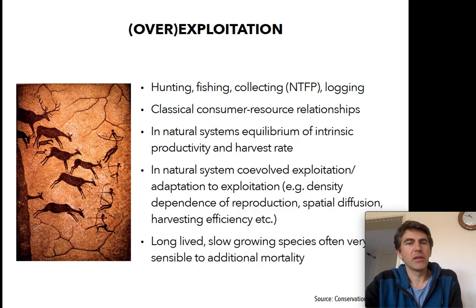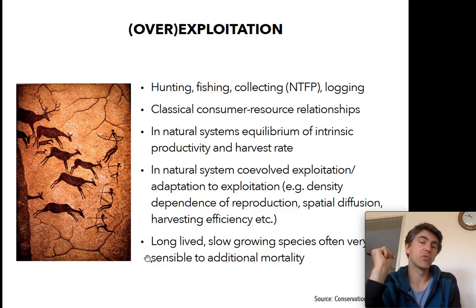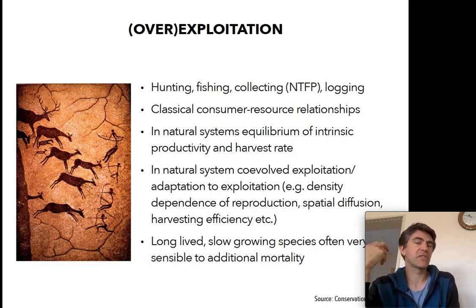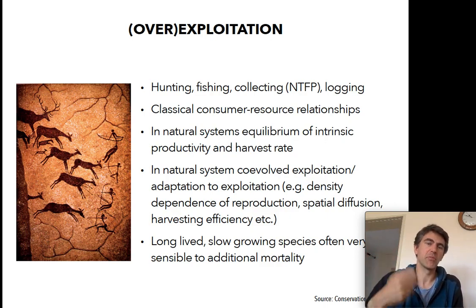When you throw people into this mix, and people especially target things like long-lived and slow-growing species, then those species are very sensitive to extra mortality. So basically, if people come and say, oh, we really like to harvest elephants, well, elephants are not quickly going to co-evolve to then reproduce more quickly.